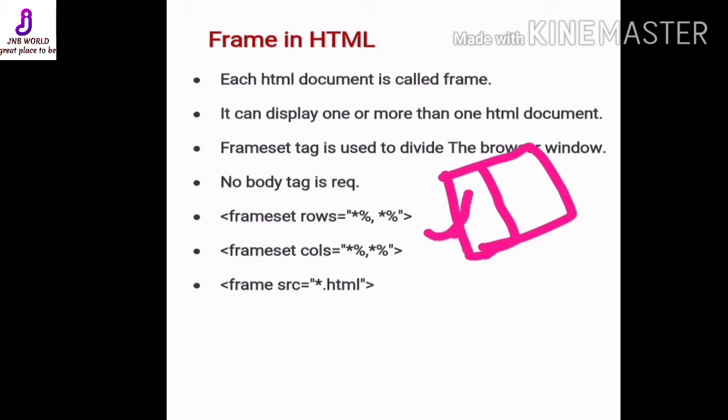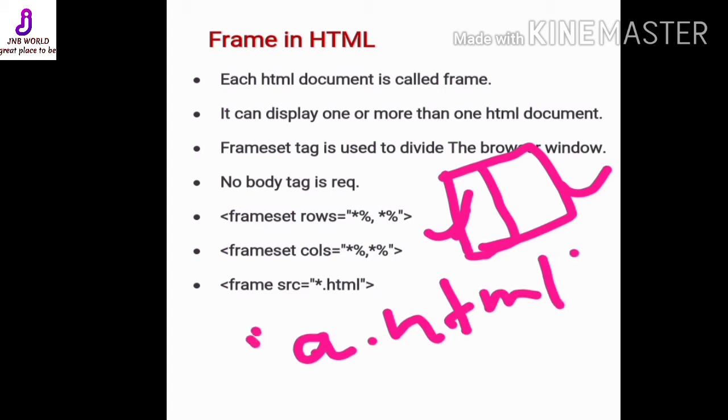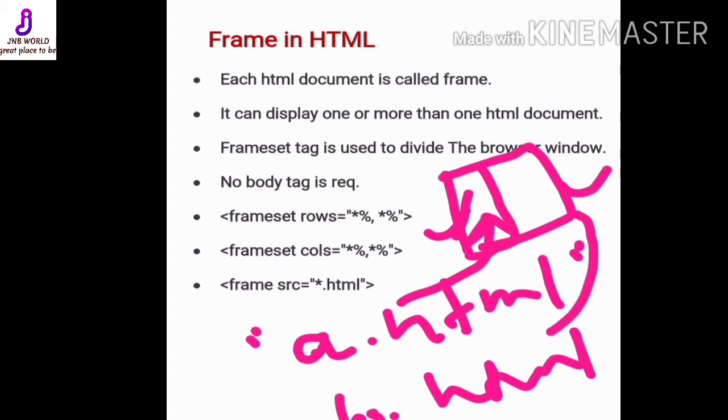Say this part is one part and this is another part. In this part we use frame src equal to the proper HTML document which is already created, for example a.html. When I use a.html, it will be displayed in the first one, and for the next one, say b.html, it will go to the second portion.